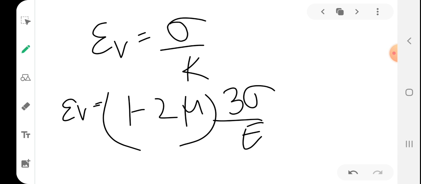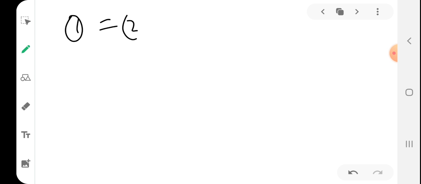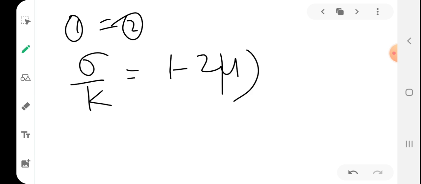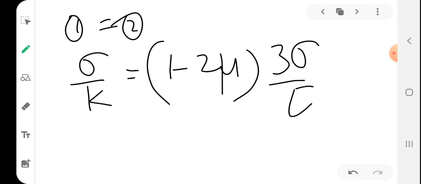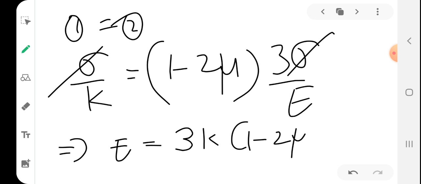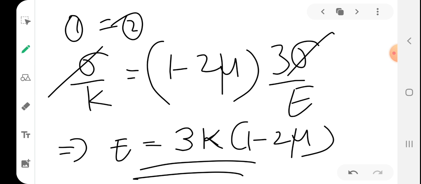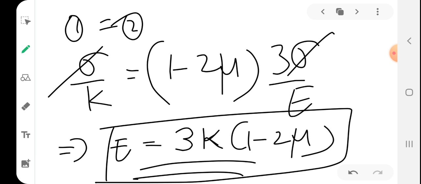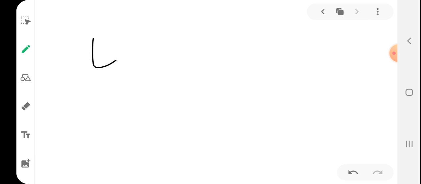So these two equations can be equated. Sigma by k is equal to 1 minus 2 mu into 3 sigma by E. So if you cancel this, you will get E equal to 3k into 1 minus 2 mu. So this is the relationship between Young's modulus and bulk modulus.